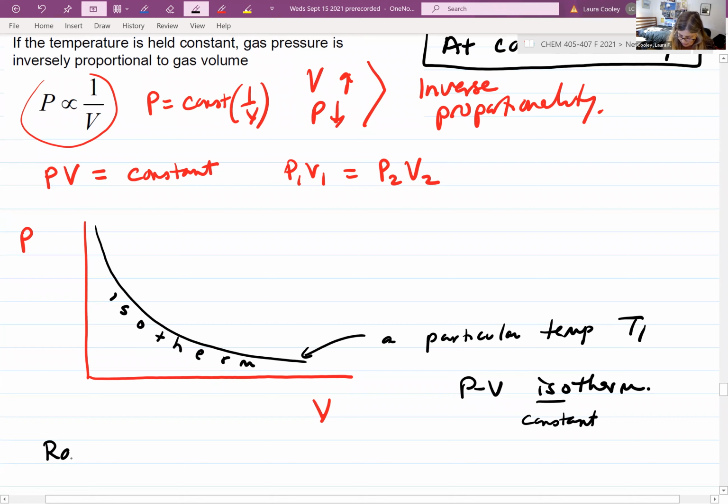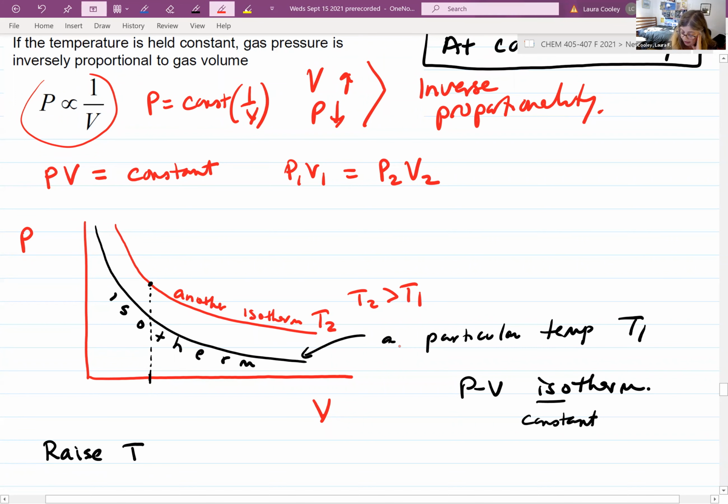Now, supposing we had a higher temperature. So supposing we now looked at how pressure varies with V at some higher temperature. So here's a particular volume on this graph. If we raise the temperature, we would raise the pressure. So maybe the new pressure would be over here. And then we would have a new isotherm. This is another isotherm. This would be, say, a T2, where T2 is higher than T1.